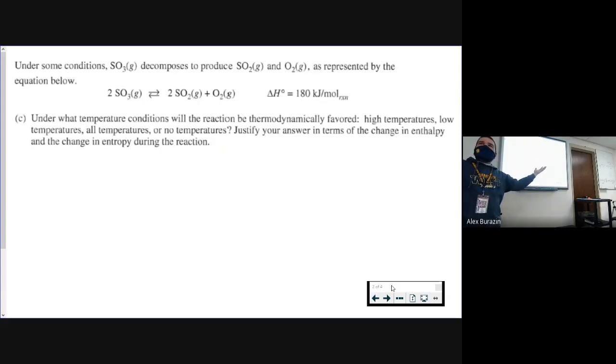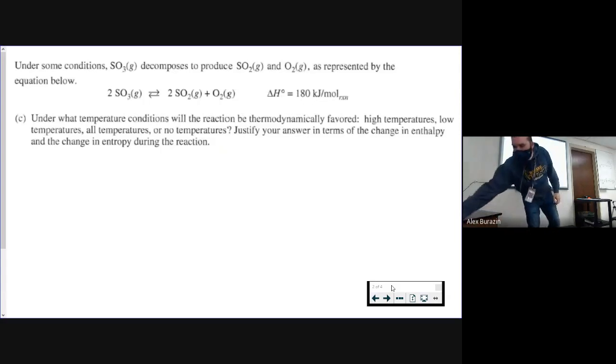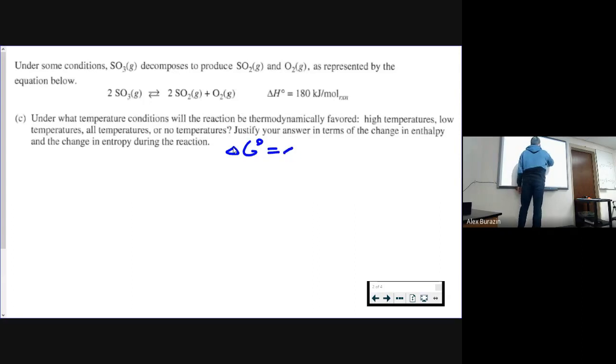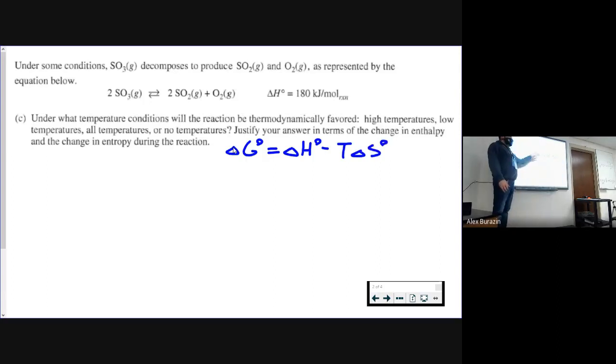This should maybe be not bad. What we need is our handy dandy equation. This is everything we need.